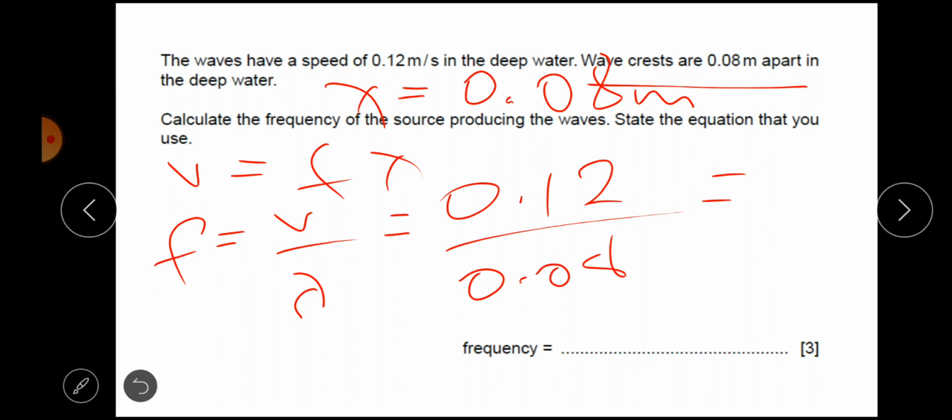Let me use my calculator. 0.12 divided by 0.08, we're going to get 1.5. So that is the frequency, 1.5 hertz. You get 3 marks just by writing that.